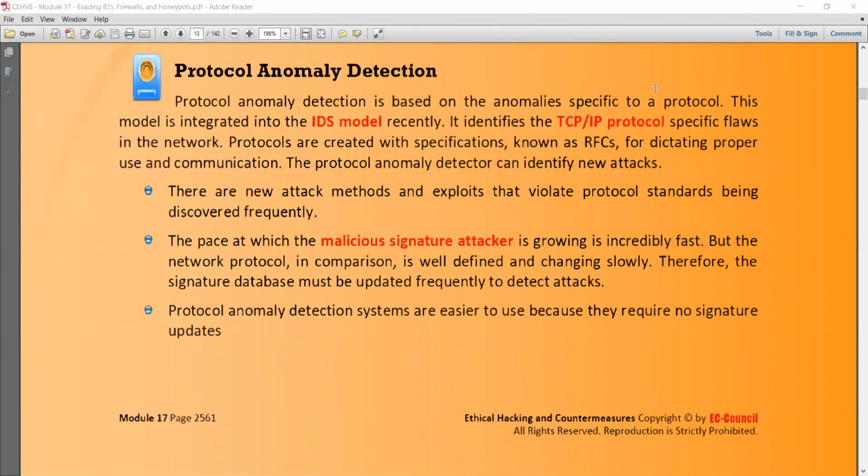The rate at which attackers create malicious signatures is incredibly fast, but network protocols, in comparison, are well defined and change slowly. Therefore, the signature database must be updated frequently to detect attacks. Protocol anomaly detection systems are easier to use because they require no signature updates.